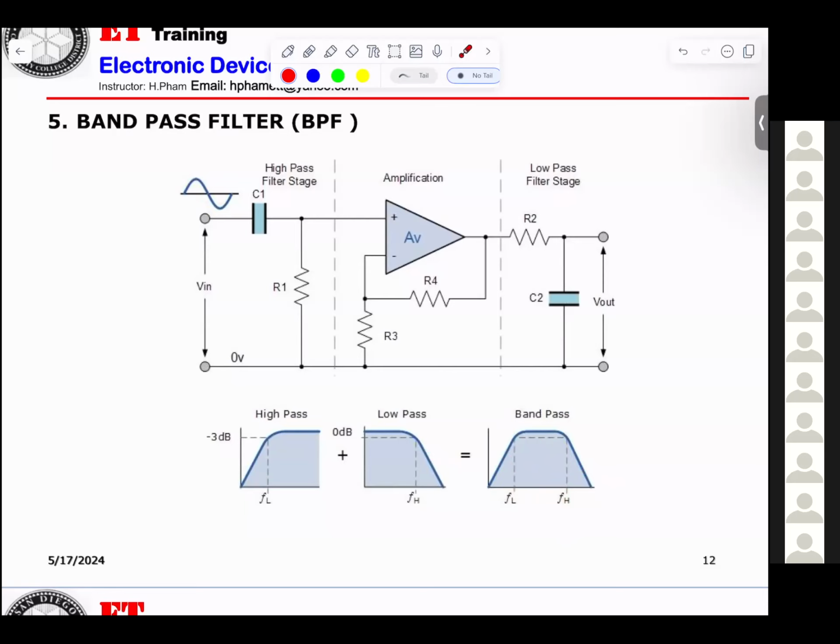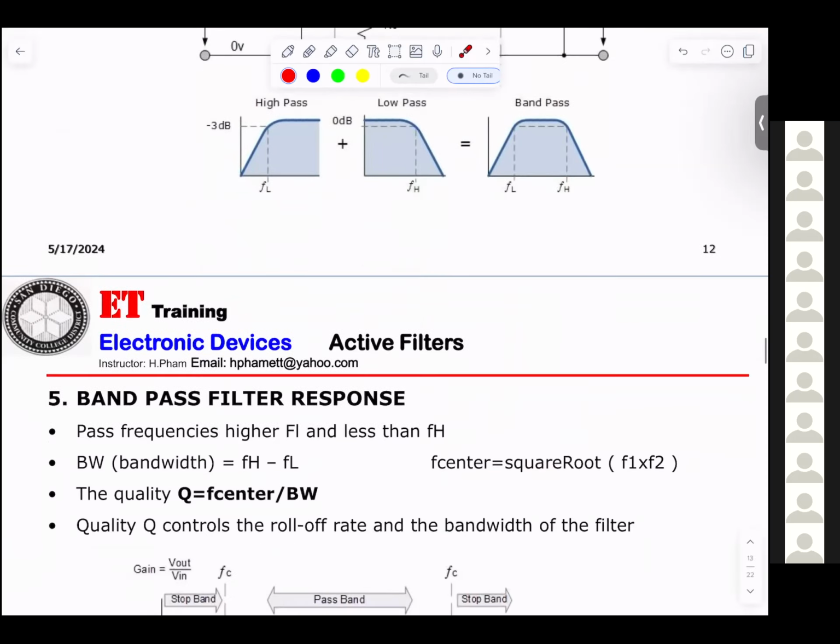So you know most of the devices in RF they use band pass. Okay, later in cell phone, okay, they can use band pass filter.